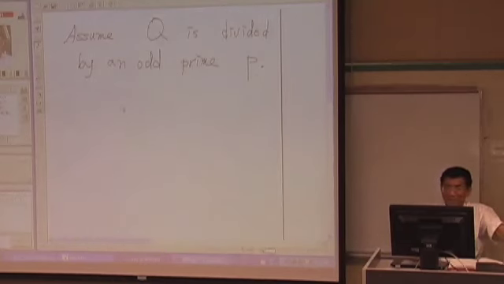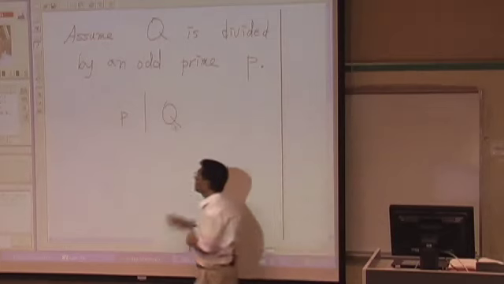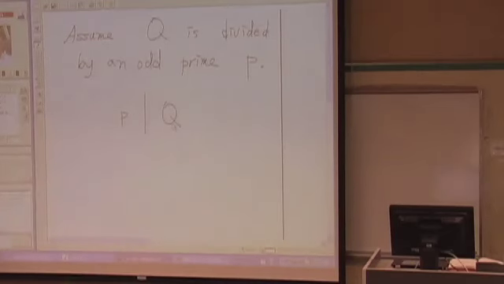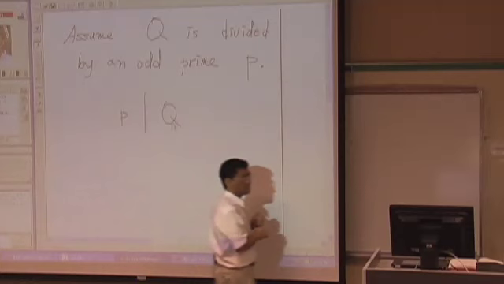P divides Q, and as you can see, this can be written with congruence. How can you write this in a congruence relation?